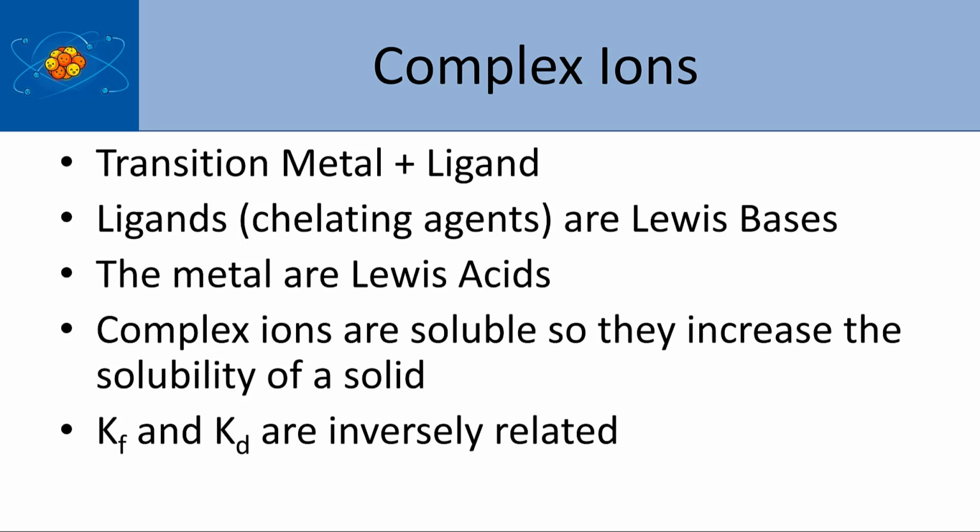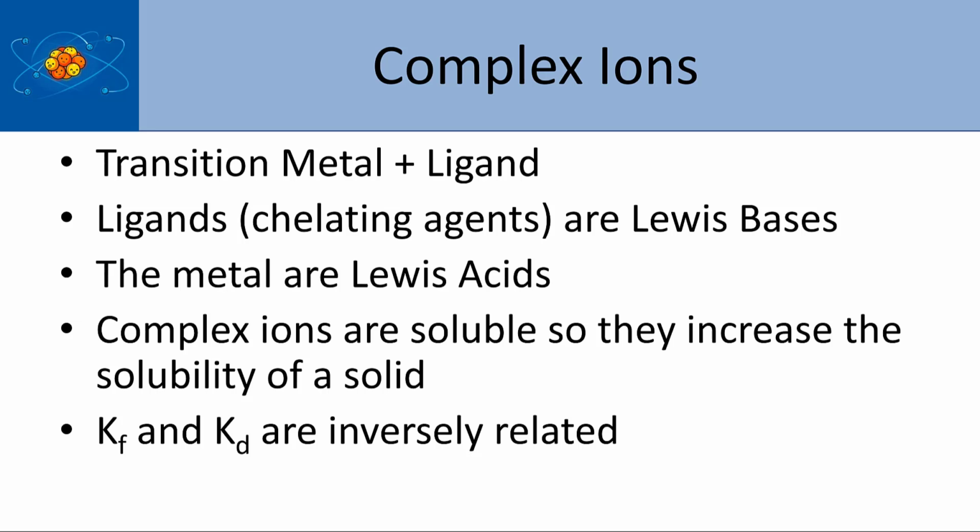And so as a result, unlike precipitation where the charges neutralize each other, the charge allows the complex ion to remain in solution. So I'll give you some examples of what complex ions look like and then what their equilibrium constants and expressions look like.